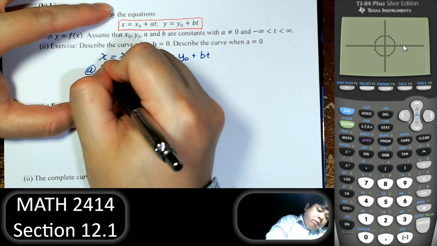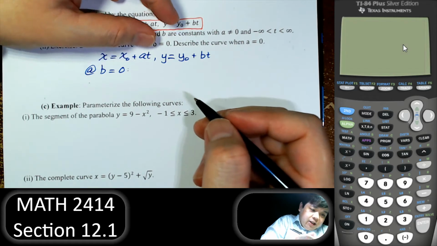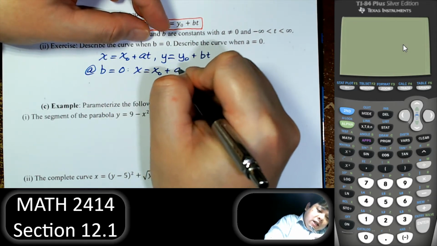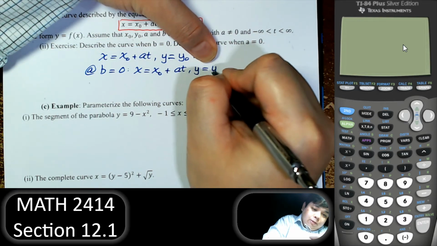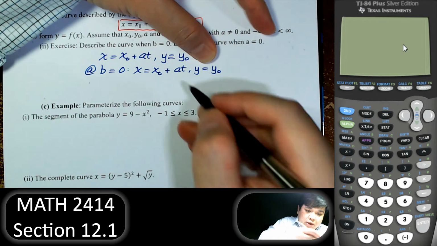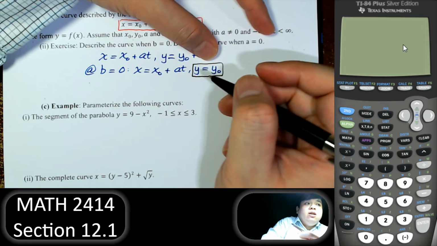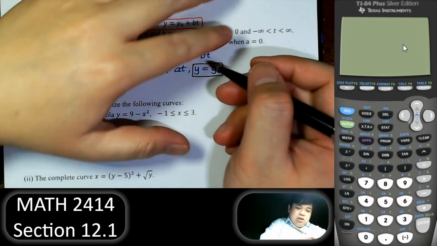when b equals 0, we have x equal to x0 plus at and y equal to y0, meaning y equals a constant. If y is constant, they have the same y values, so it is a horizontal line.